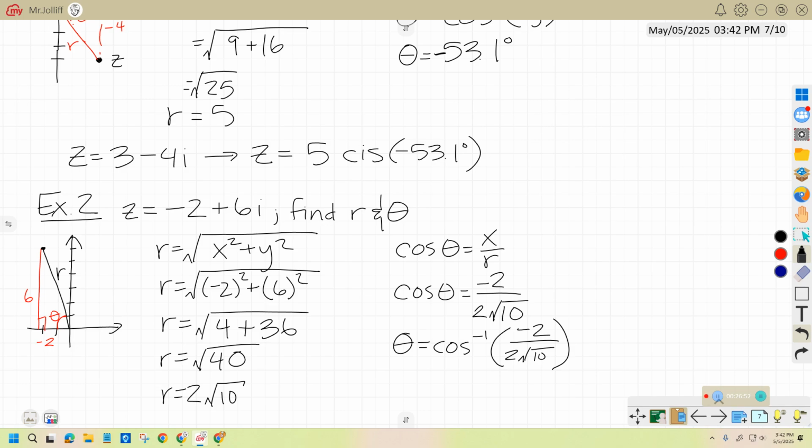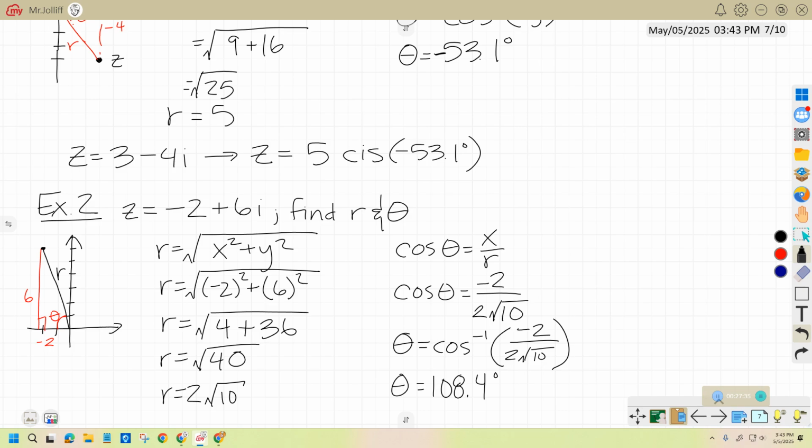And my calculator is in degree mode, because that's easier to deal with. Let's see what I get when I do that. So cos inverse -2 divided by 2 square root 10. And I get theta equals 108.4. Did anybody else get theta is 108.4? I see a couple nodding.